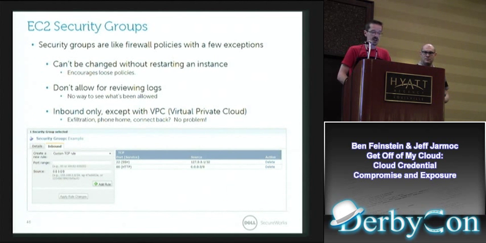So exfiltration, phone home connections, connectbacks, no problem. If it's running on the instance connecting outbound, there's nothing there, other than maybe iptables. But again, on the first boot, the image provider controls what executes on that box. So if the image provider didn't put an iptables outbound filtering policy, you don't have one.